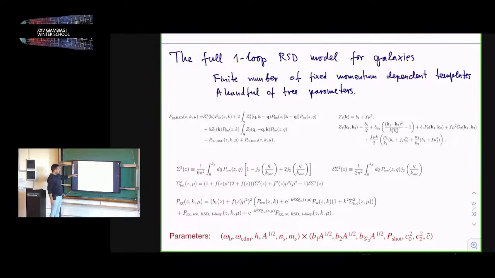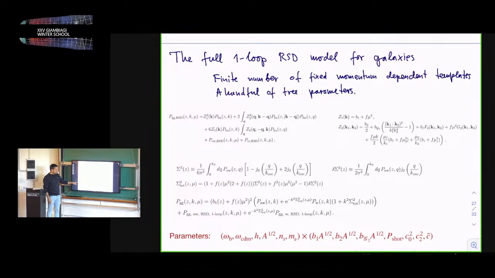And so the one loop expression will be the same as before: linear theory, P22-like diagram, P13, plus this stochastic noise term, Poisson noise. The only difference now is that these perturbation theory kernels that you're putting in P22 or P13 are not F2 and F3, but slightly different. They also include, for example, these redshift space distortion nonlinearities and bias coefficients. But morally, the whole story is the same.